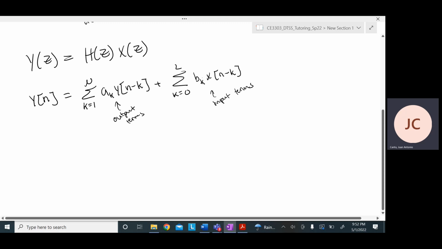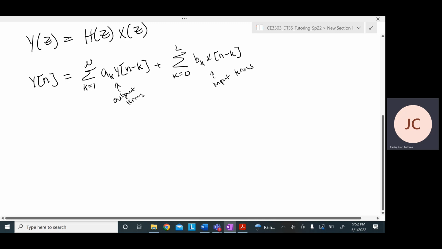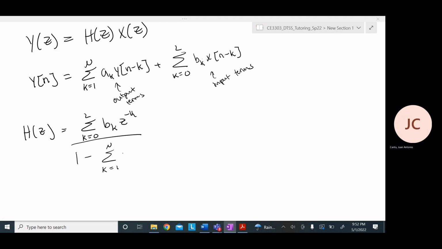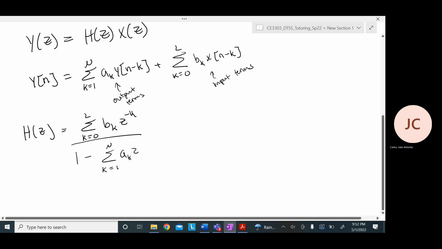So the way we define a transfer function given a difference equation is H of z is equal to the sum from k equals 0 to L of b sub k z to the minus k, over 1 minus the summation from k equals 1 to N of a sub k z to the minus k.